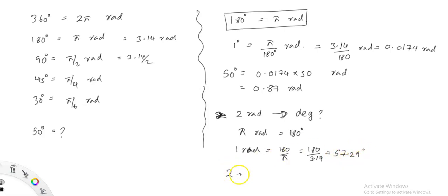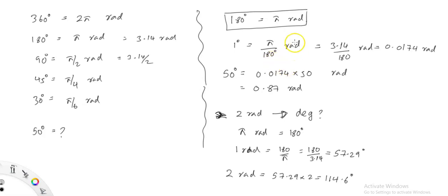So what is 2 radians? 2 times that. 57.29 multiplied by 2, close to 120, gives you 114.6 degrees. 2 radians is this many degrees. So you can go back and forth between radians and degrees. You should be able to do that.